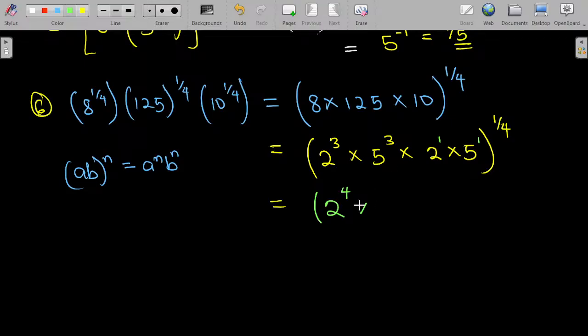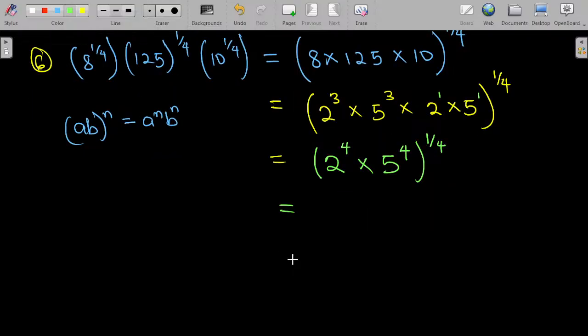And then the same thing will happen to 5. 5 to the power of 3 multiplying 5 to the power of 1, so the powers will also add. So you just have everything to the power of 4. You discover that the solution to this will eventually be 10. This is so nice. Okay, so what happens here?